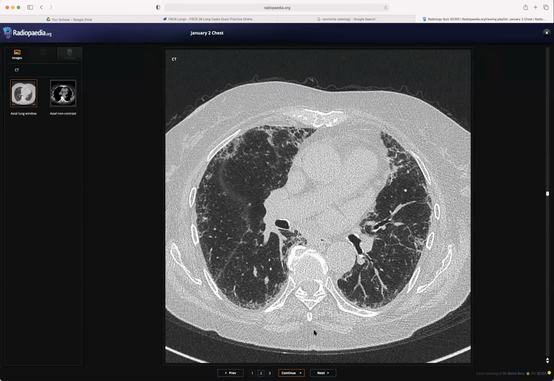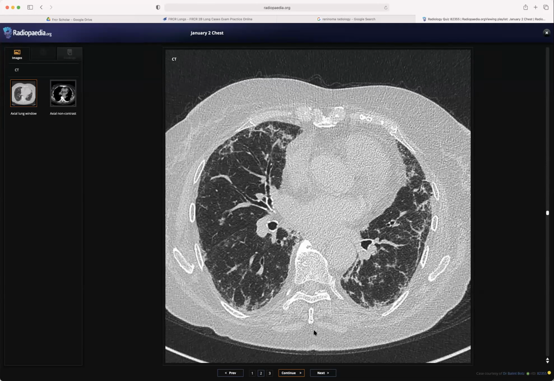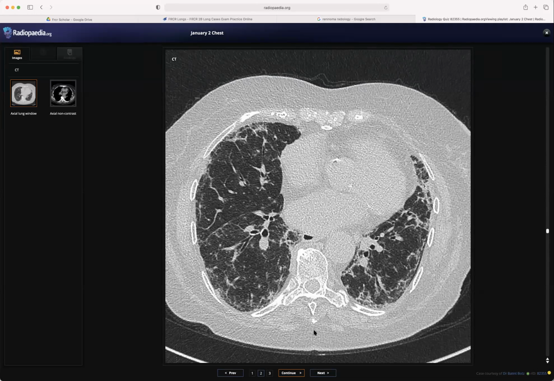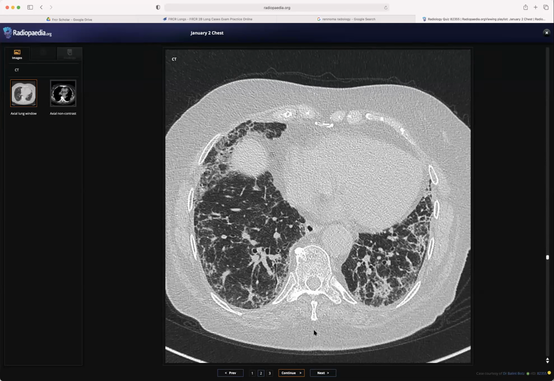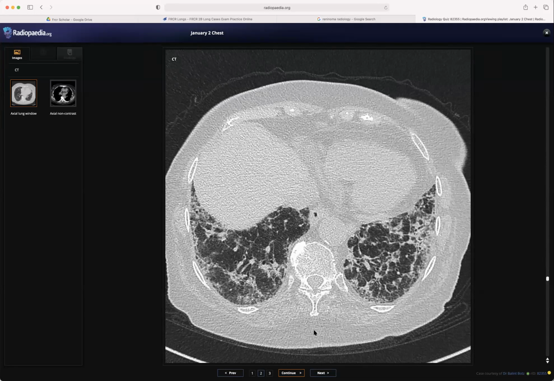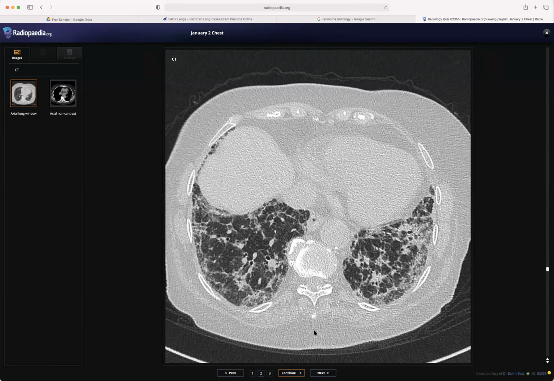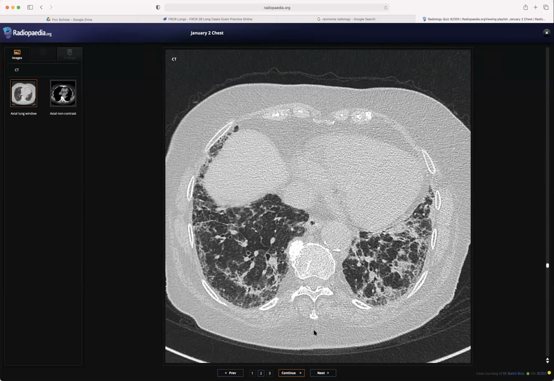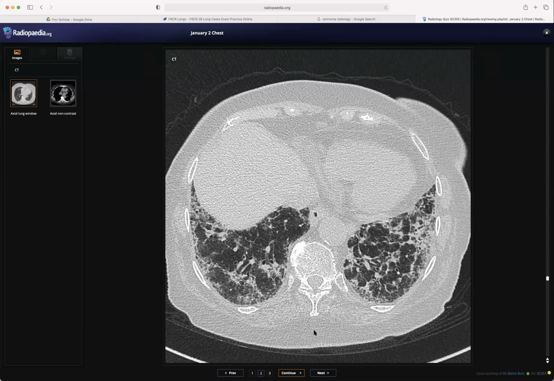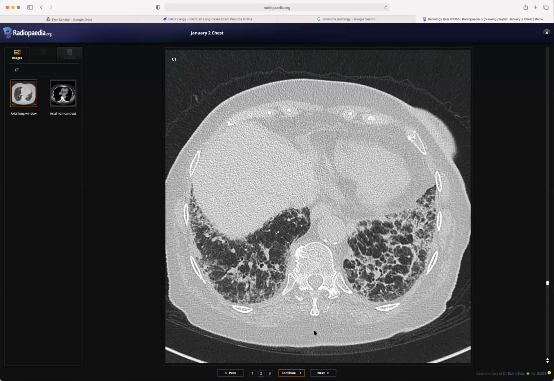And no significant pleural thickening or pleural calcifications. Towards the basal lungs, I'm seeing early honeycombing in one or two locations.